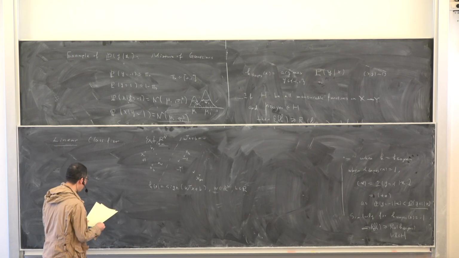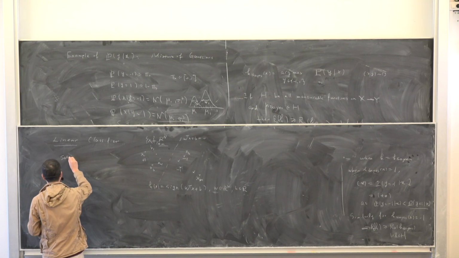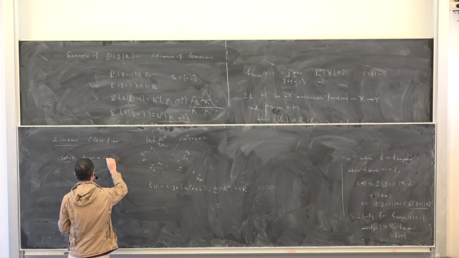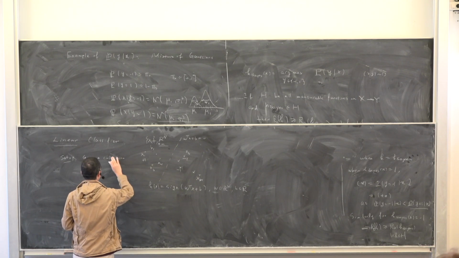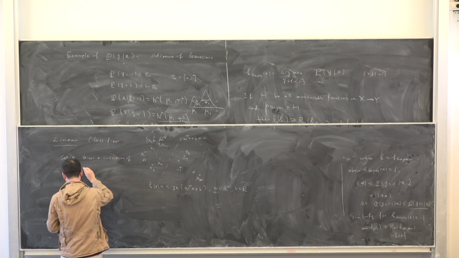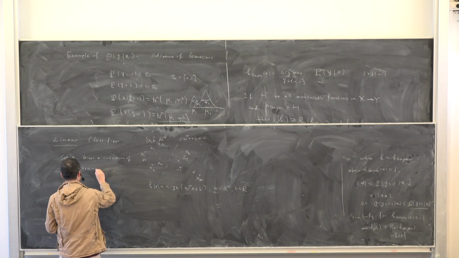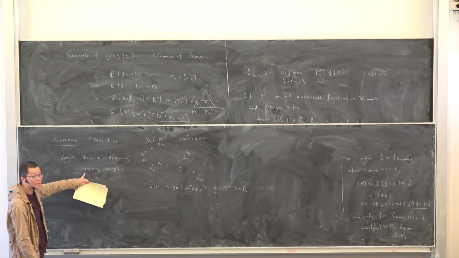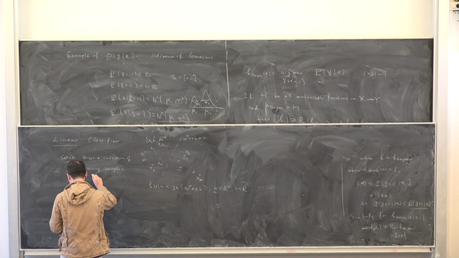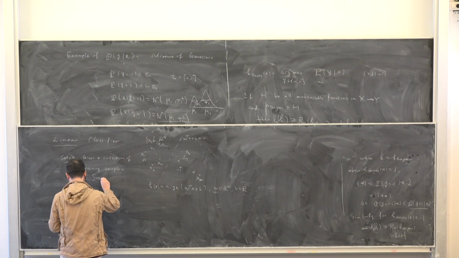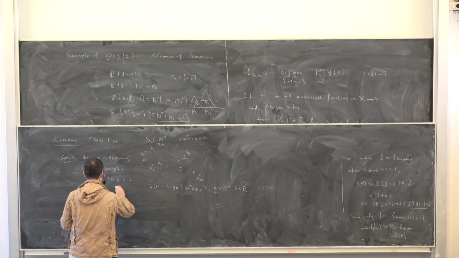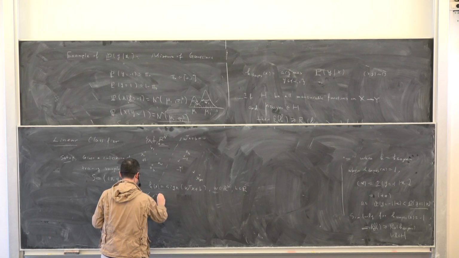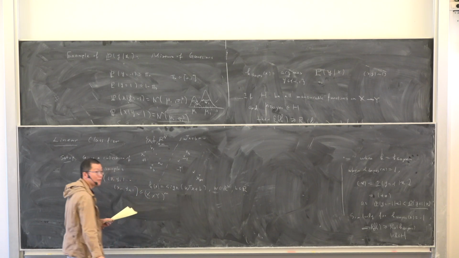Now, the setup is you have a collection of what we call training samples, which I would denote by S, (x1, y1) to (xm, ym), on the space of X product Y, m copies of that.